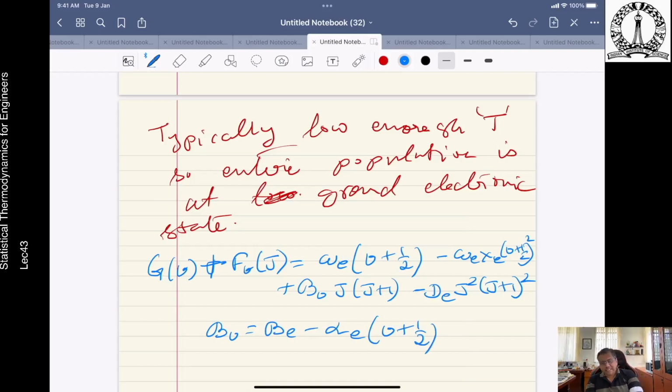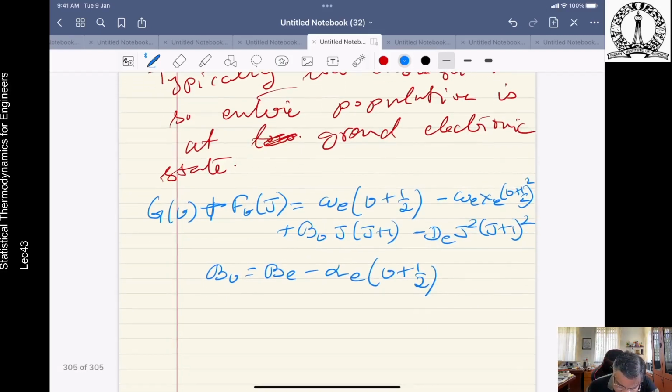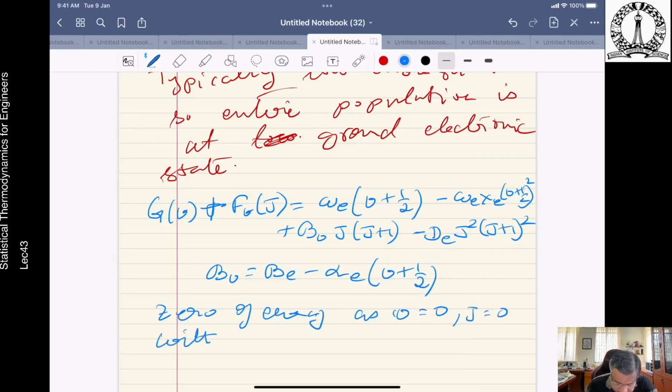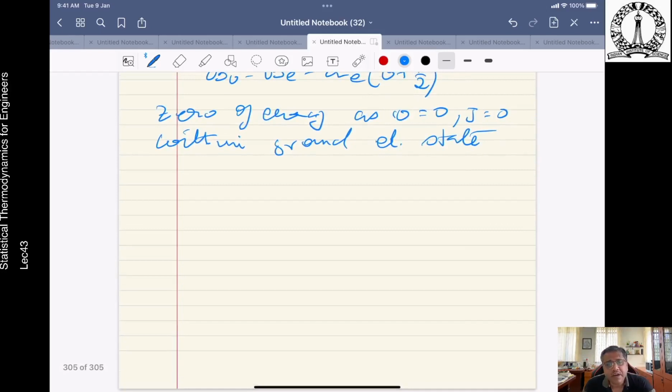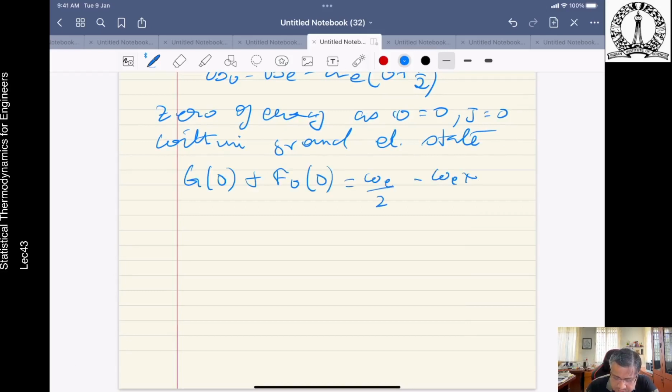Taking the zero of energy as v equal to 0, J equal to 0 within the ground electronic state, we have G_0 plus F_0, which is omega_e by 2 minus omega_e x_e by 4.